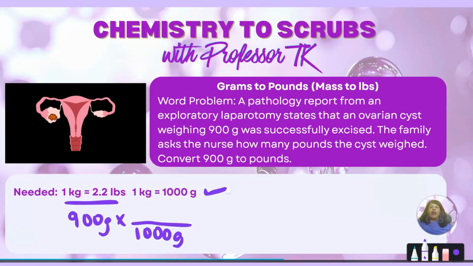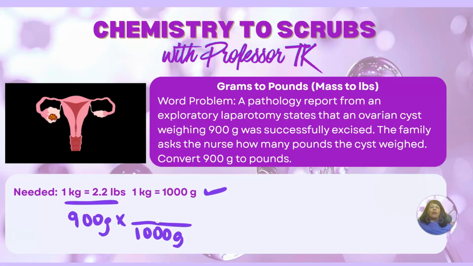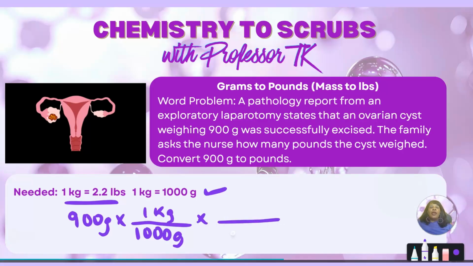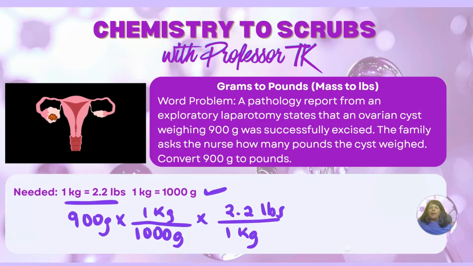Using this conversion here, I'm going to put my 1,000 grams on the very bottom, on top 1 kilogram. Now, I'm going to continue this conversion process here, and I'm going to put 1 kilogram on the bottom and 2.2 pounds on the top.